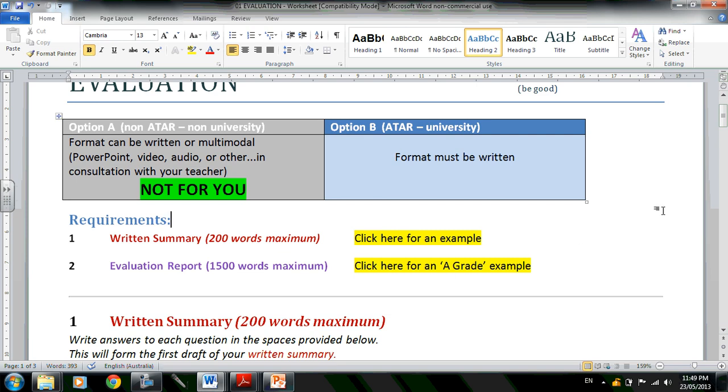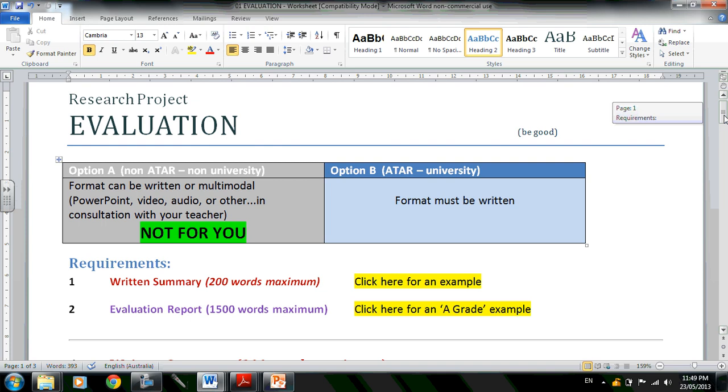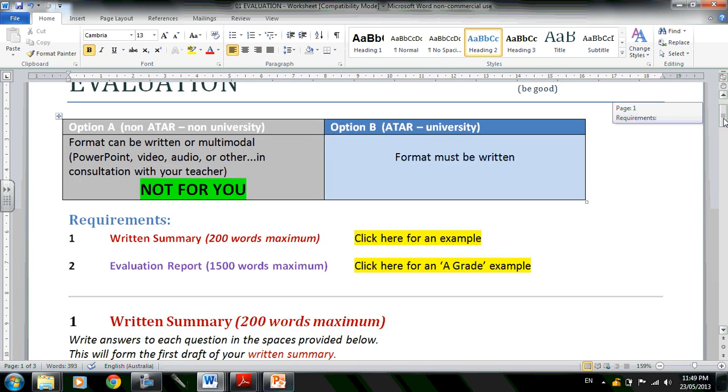This page is an example or indication of a first draft, a worksheet, if you don't have any idea how to start with your evaluation. It is the first page, the first link on the Moodle on evaluation.